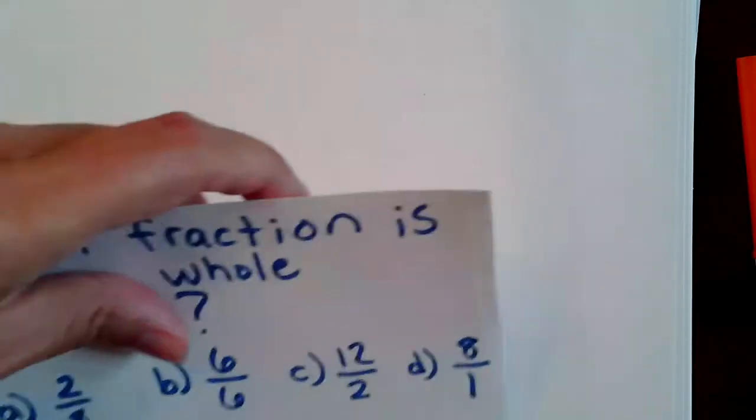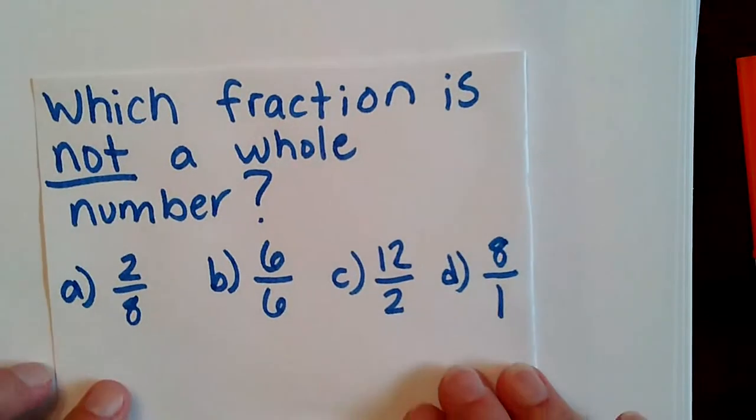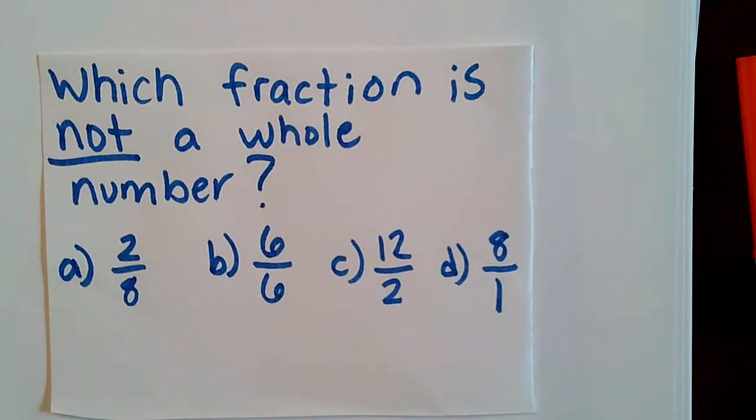Okay, now, we have 2 more. Here's the next one. Which fraction is not a whole number? Not a whole number. Think about this one before you write down your answer. Not a whole number, so it's less than a whole number.